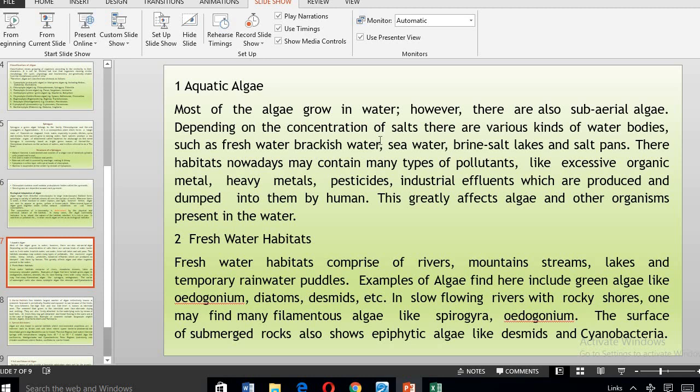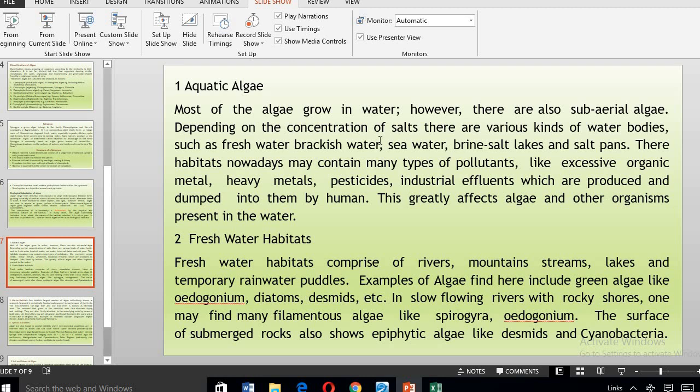Now, the second category are freshwater habitats. Freshwater is made of rivers, we have mountain streams, we have lakes, we have temporary rainwater puddles. Examples of algae found in freshwater are the green algae like Oedogonium, the diatoms, the desmids, and many others.